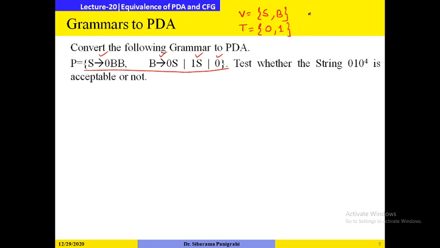Here you see S gives 0BB. This is a production in the form A gives beta, where A is equal to S and beta is equal to 0BB.